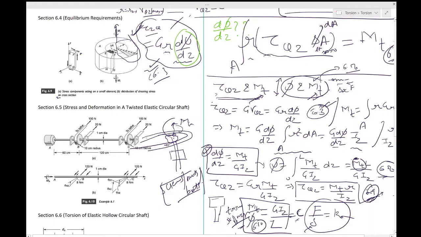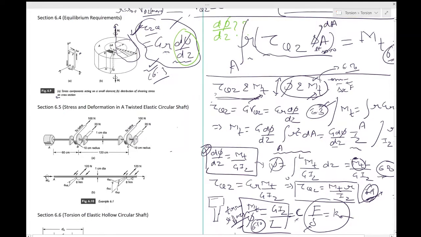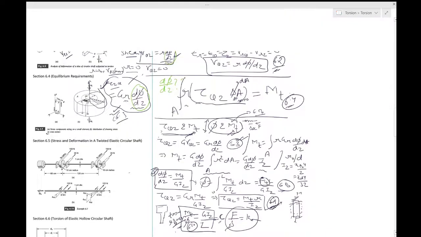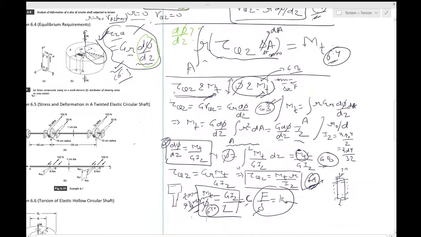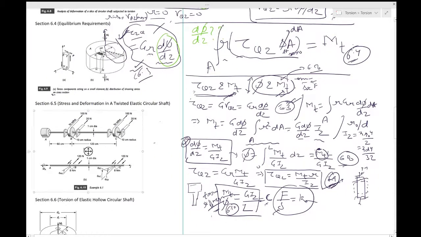Let's see how that works in a problem. You have this Example 6.1. It is about lathe machines.